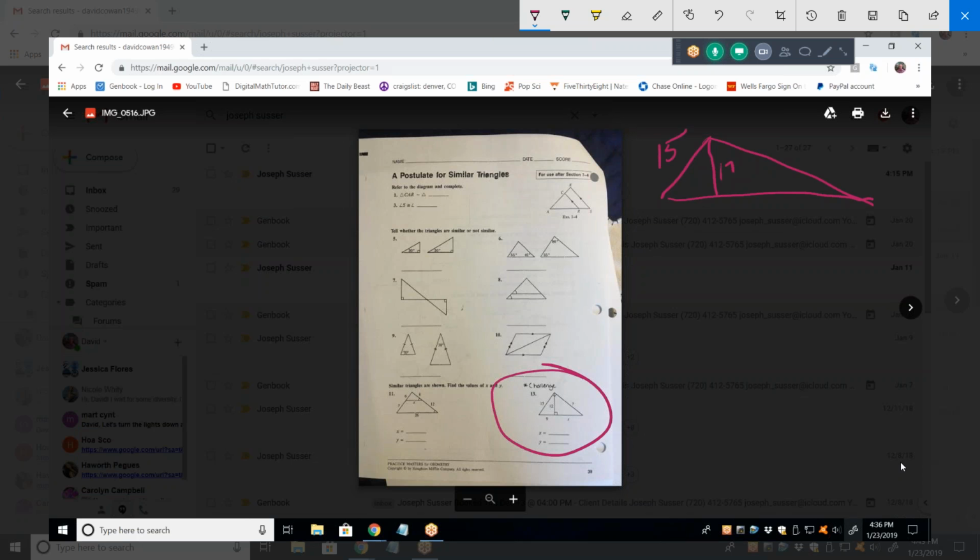And this is 12. And then 9. This is x, and this is y? Yes. Okay. And I want you to solve for x and y. And the other important piece of information is that is a right angle.